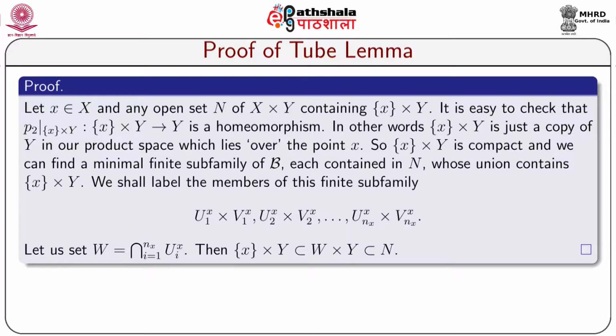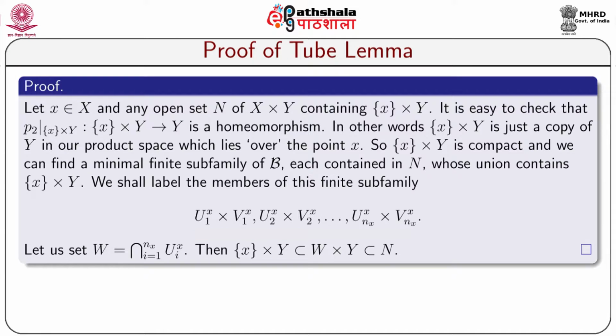Let us label the members of this finite subfamily as U1x Cartesian product V1x, U2x Cartesian product V2x, up to Unx x Cartesian product Vnx x.